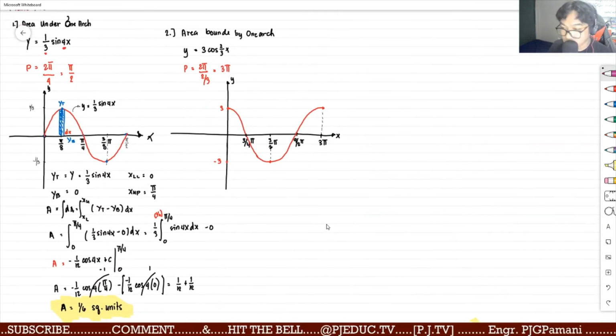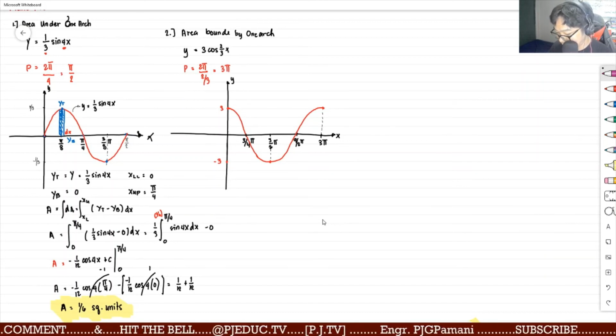Tama. Ayan na yun. Then, check natin kung tama yung ating curve.